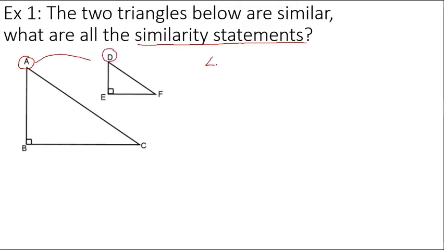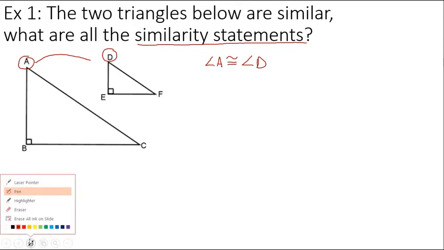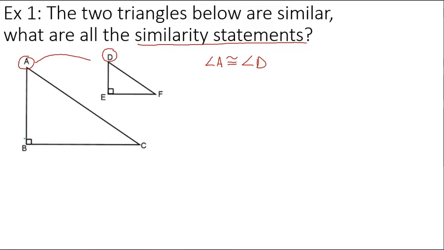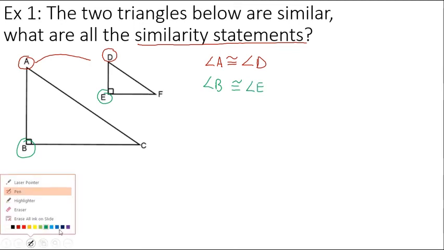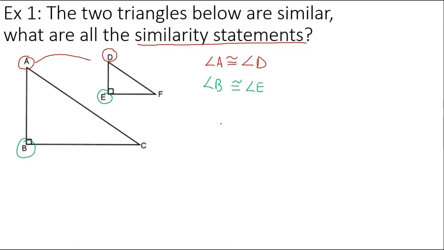So we're going to say here angle A is congruent to angle D. Okay, I know angle B and E correspond. I'm going to say angle B congruent to angle E. And then the last one, angle C and F correspond. I'm going to say angle C congruent to angle F.